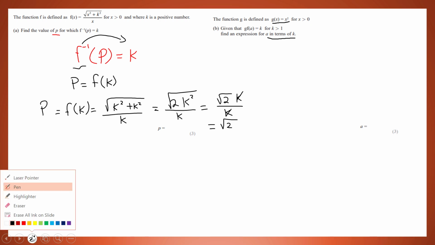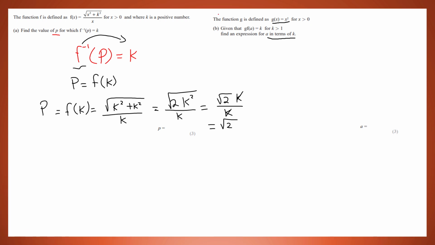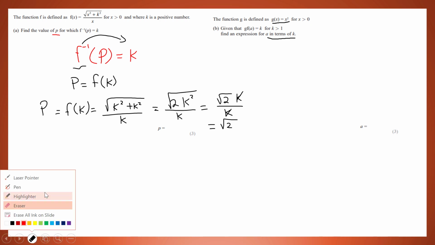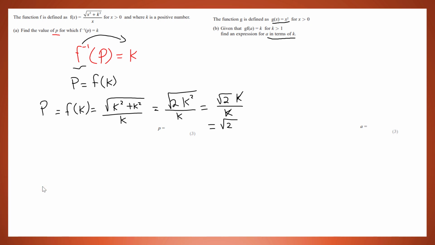Now we know the function f, and here's the function g as well. To find gf of a, we can find f of a directly first, and then we find gf of a. So let's find f of a.